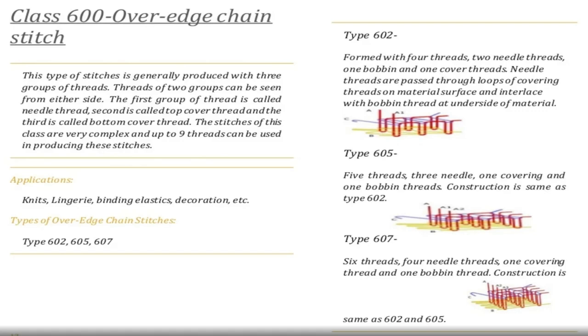Type 605, 5 threads, 3 needle, 1 covering and 1 bobbin thread. Construction is the same as type 602. Type 607, 6 threads, 4 needle threads, 1 covering thread and 1 bobbin thread. Construction is the same as 602 and 605.